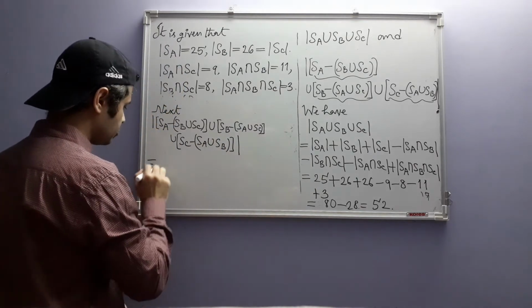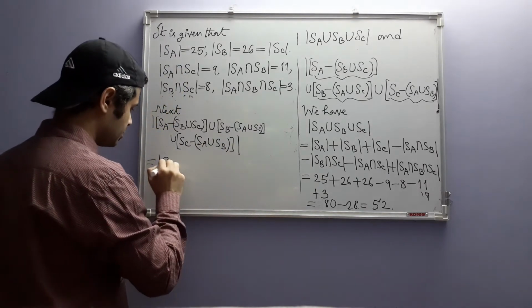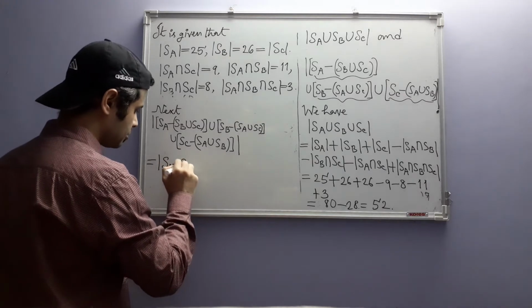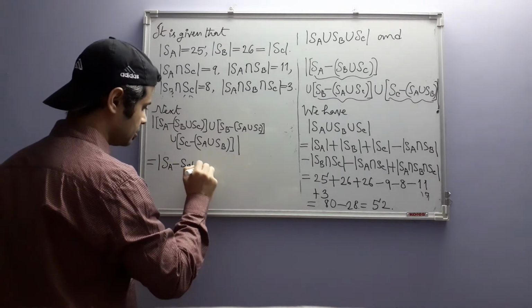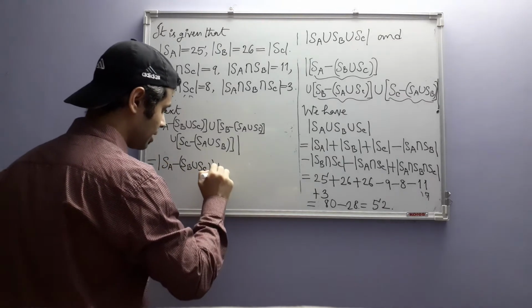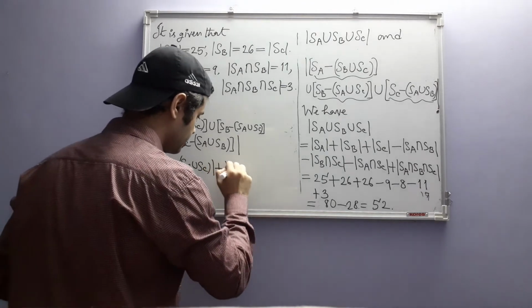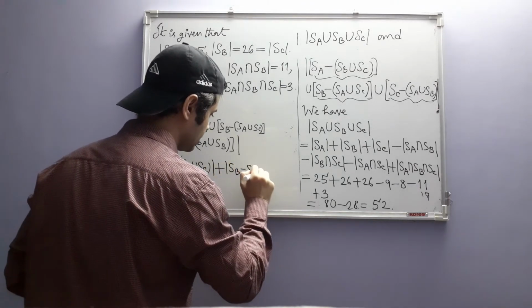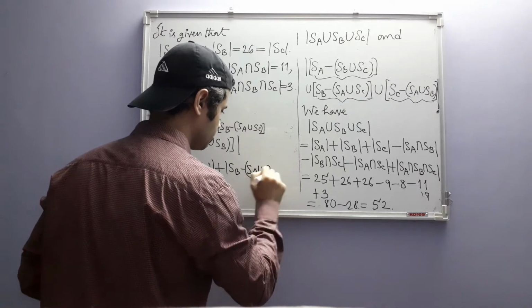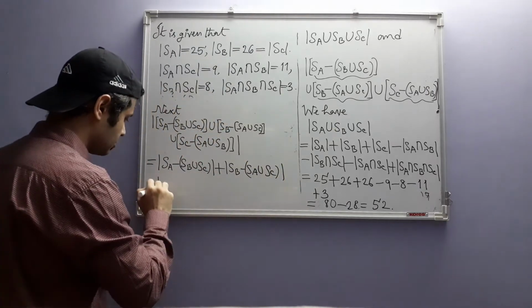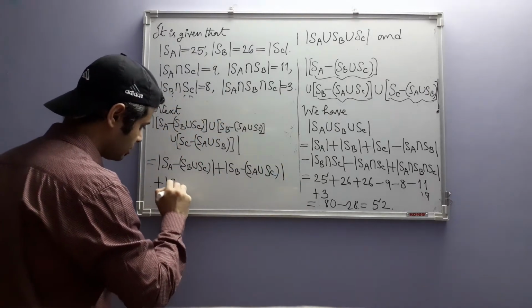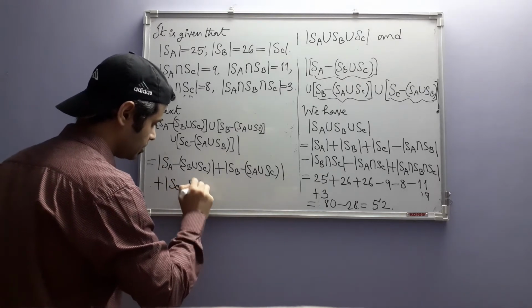This is actually equal to the cardinality of SA minus SB union SC, plus the cardinality of SB minus SA union SC, plus the cardinality of SC minus SA union SB.